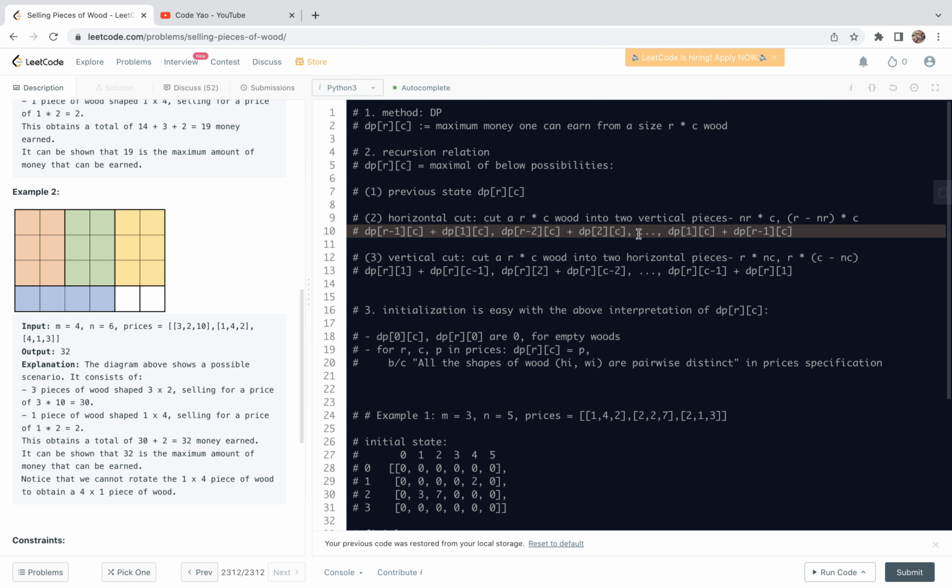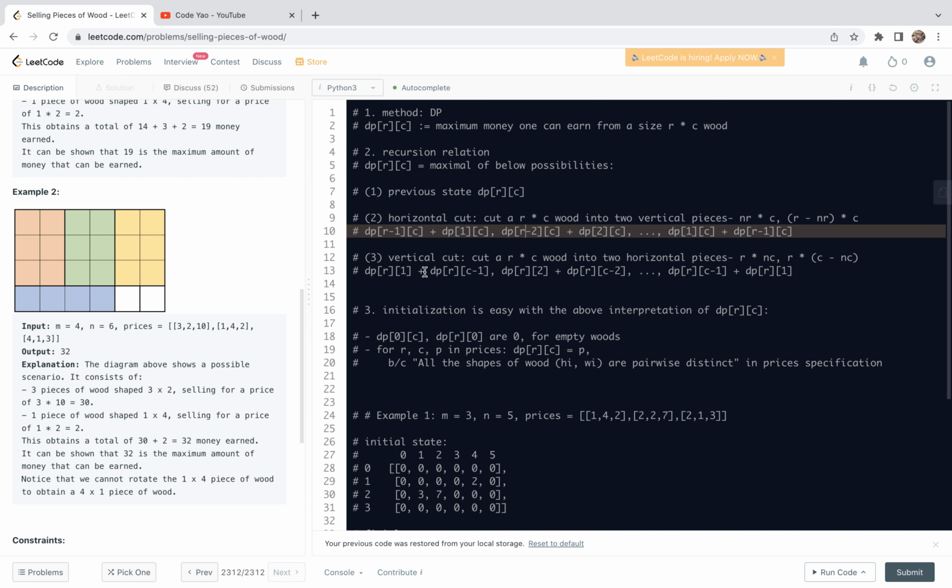In other words, this is one possibility: we cut an r by c wood into r minus 1 by c and 1 by c, or r minus 2 by c and 2 by c, and so on. Similarly, we can cut the wood vertically, which results in two pieces with sizes r times nc and r times c minus nc.